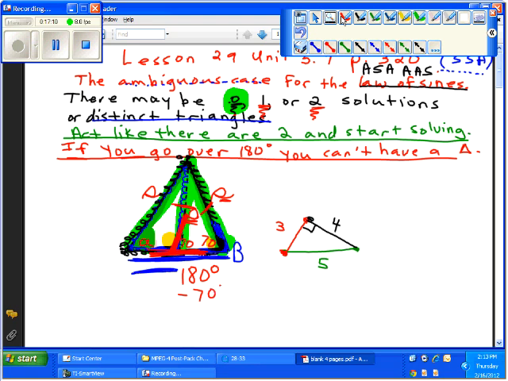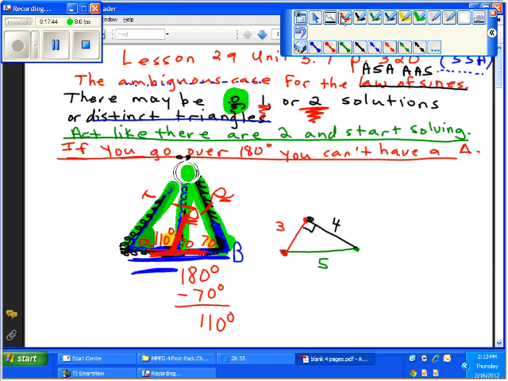And a triangle is 180, so 180 minus 70 would leave 110. So if that one choice was 70, the other would be 180 minus 70, which is 110. So as I begin to hunt for my missing angle, I realized that I could possibly have two choices for that missing angle. Okay? And that's how we have the possibility of having two solutions rather than one.